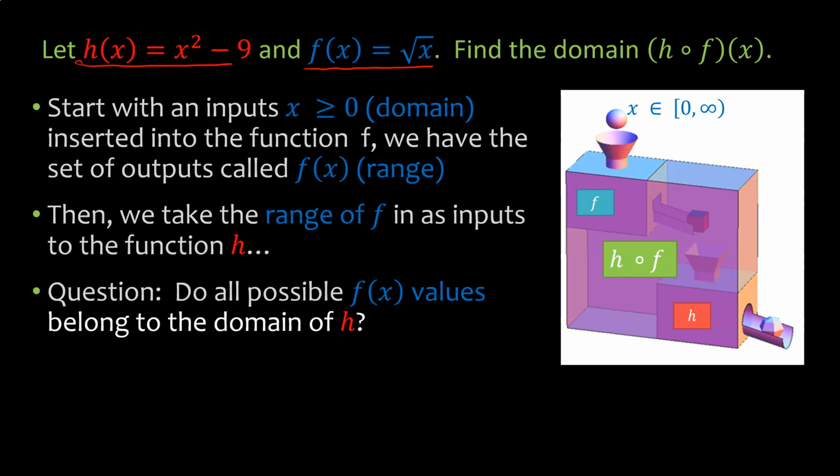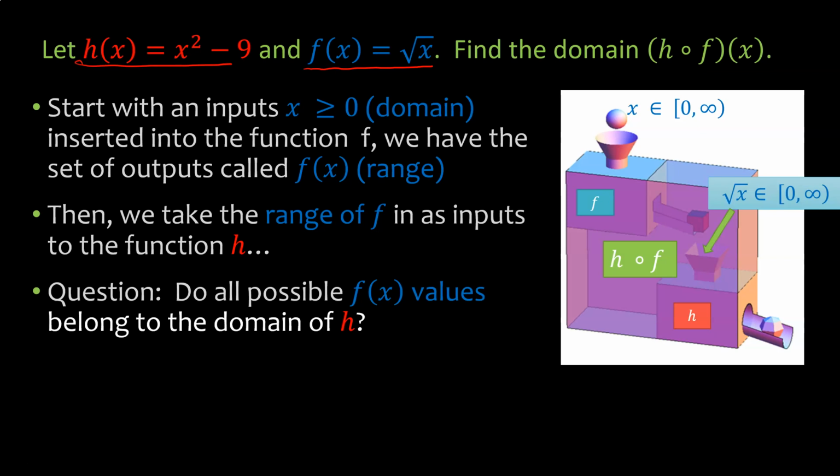We get a set of outputs, or we would say the range, which is the square root of x values, which has to also be 0 or higher. We are going to now insert that into the function h. Can all of those values fit into the function h?